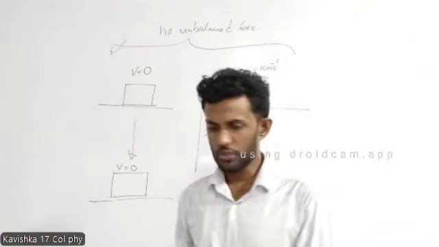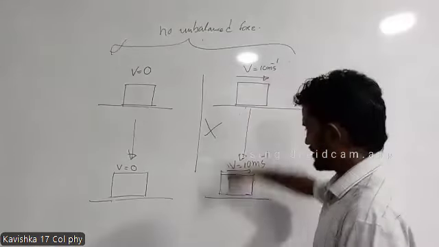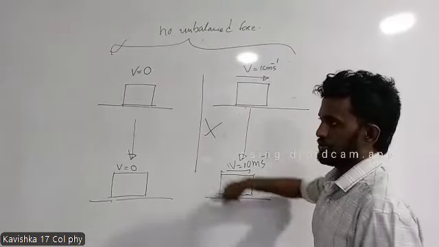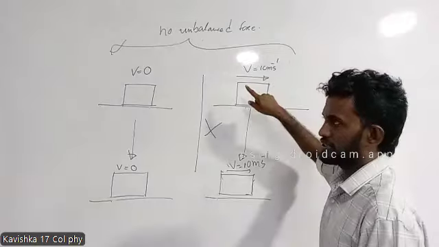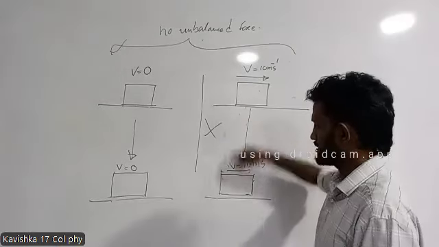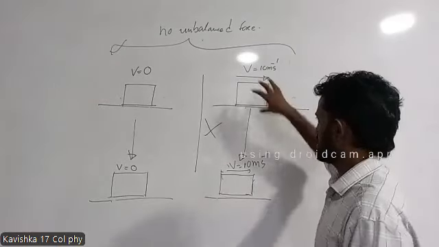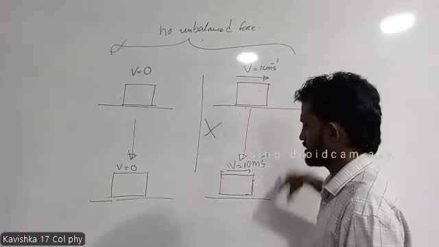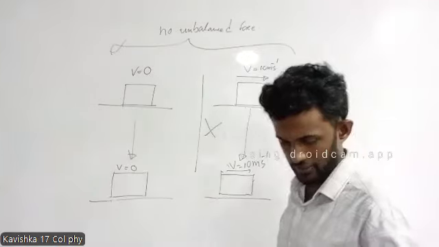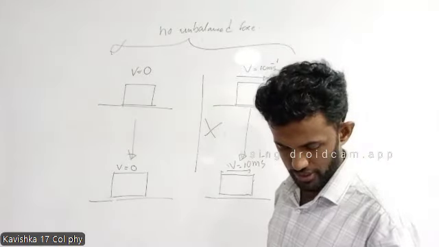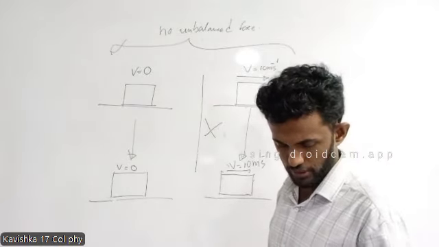So because of that, the second part of Newton's first law, that moving objects remain at constant velocity, is not applicable in the real world.